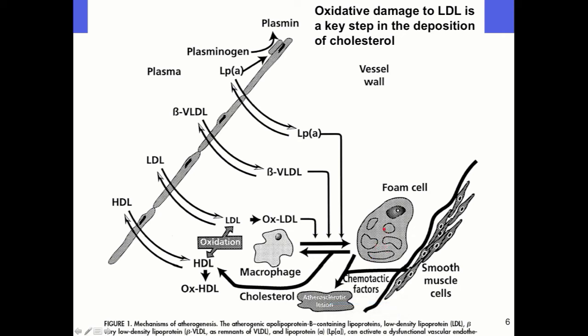The dying foam cells will form lipid-rich lesions, atherosclerotic lesions, and in addition, the chemotactic factors will attract more inflammatory cells, will cause smooth muscle changes, and the result is an atherosclerotic lesion. And there are two kinds of risk. One is the occlusion of circulation can simply cause ischemia because of lack of circulation.